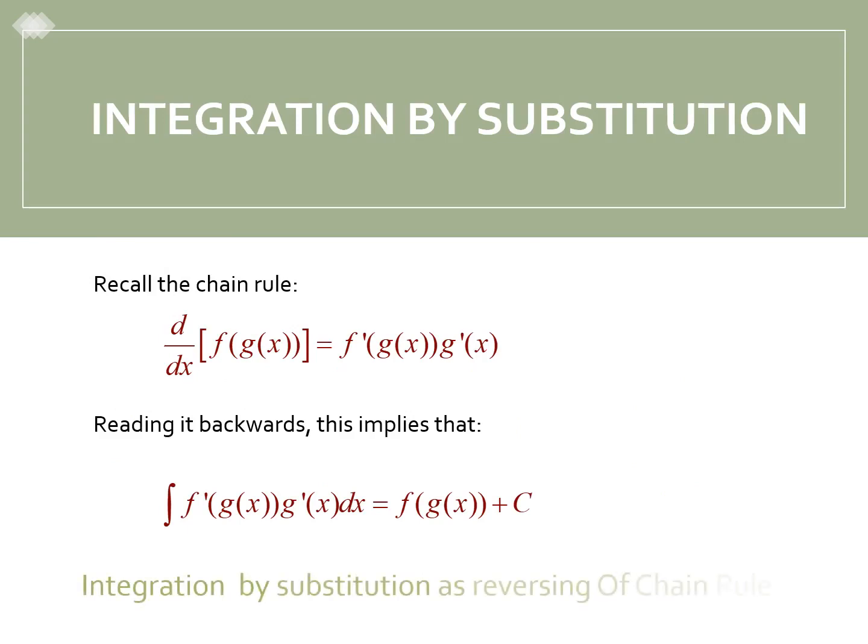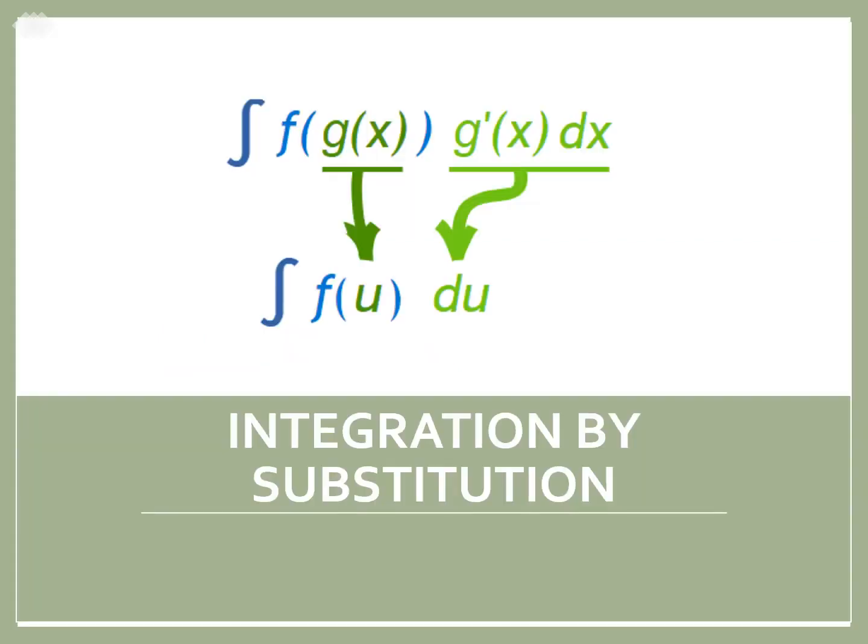Some integrals may not be able to be integrated directly from the basic integration rules. One method that can be very useful is known as integration by substitution, which is basically reversing the chain rule. The idea behind integration by substitution is to replace a complicated integral originally in x terms with a simpler integral in terms of u.